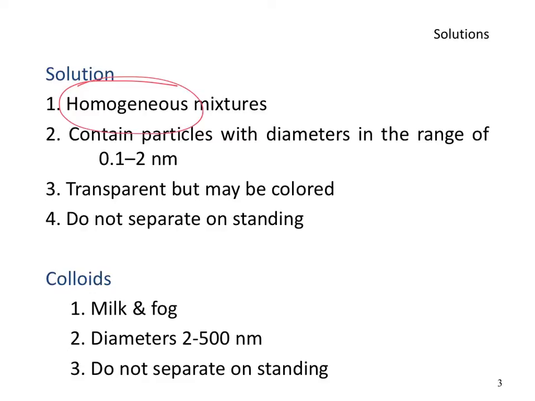The size of the particles in this case is going to be pretty low, in the sub-nanometer range. These could be colored or they could be transparent, but when you just let it stand, it doesn't separate out. What I mean by that is if you take, let's say, salt solution and you let it sit for the longest period of time possible, it's not going to segregate into a salt region and a water region.